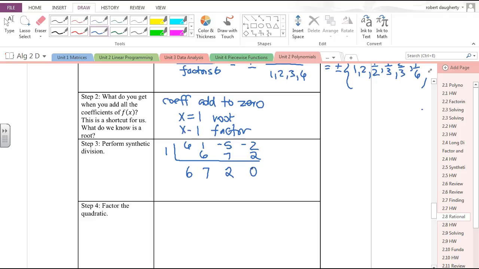So now we know that we have f of x is, what are its factors now? Yeah, 6x squared plus 7x plus 2, and then what's the other factor? X minus 1, okay?